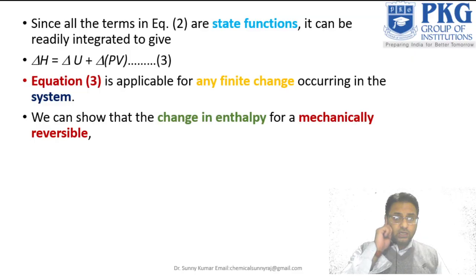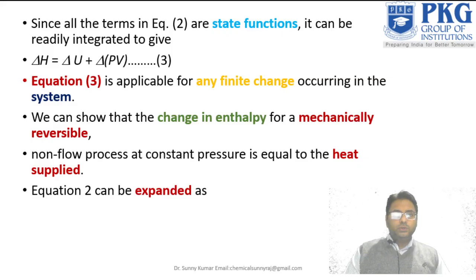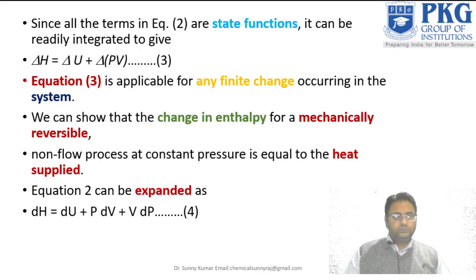We can show that the change in enthalpy for a mechanically reversible non-flow process at constant pressure is equal to the heat supplied. Equation 2 can be expanded as dH equals dU plus P dV plus V dP.